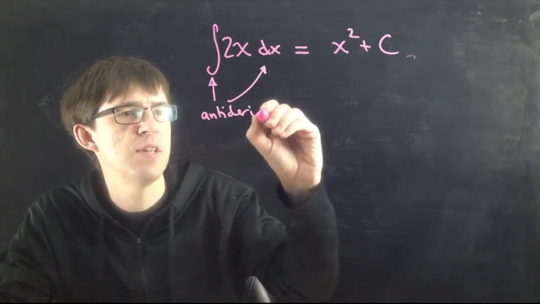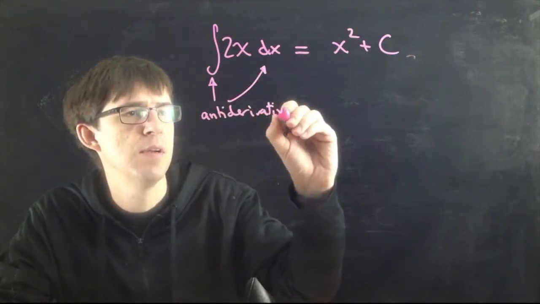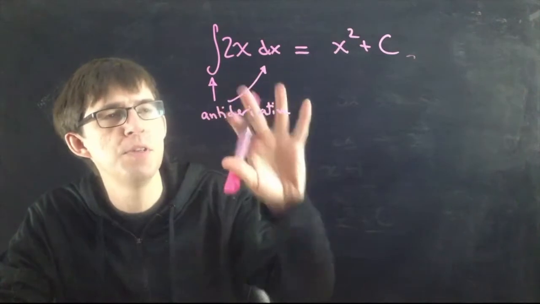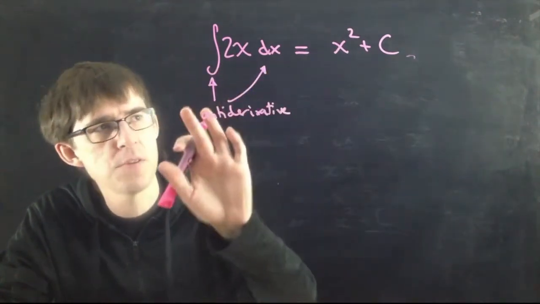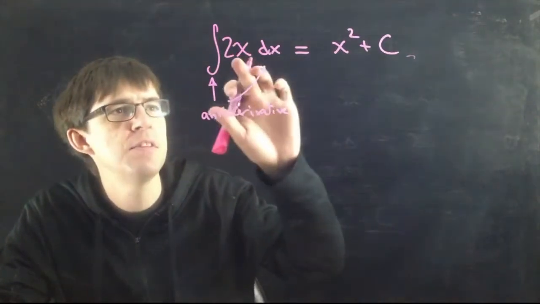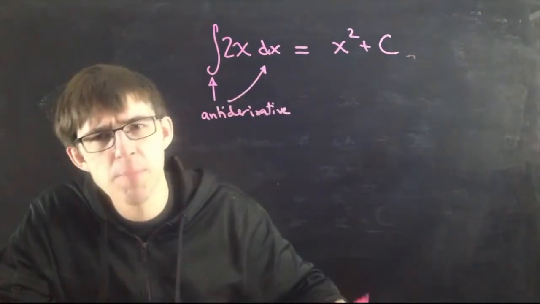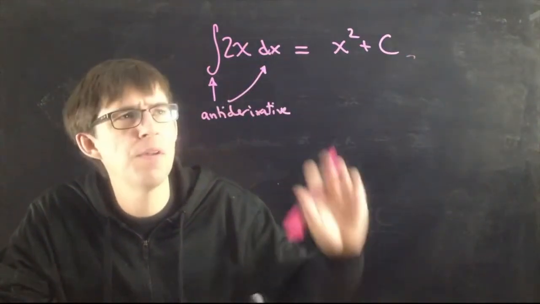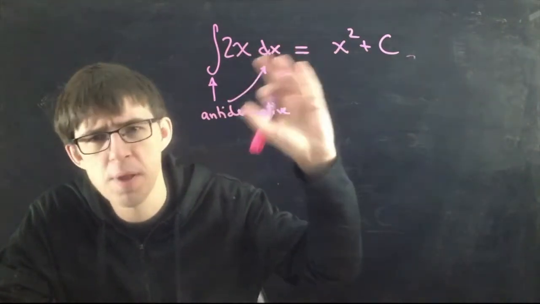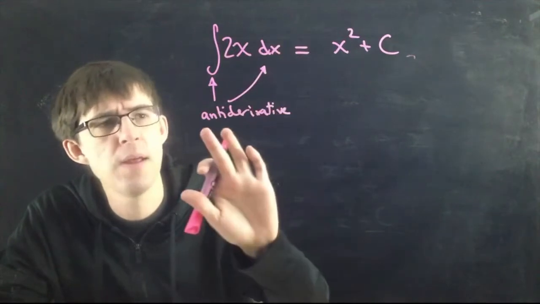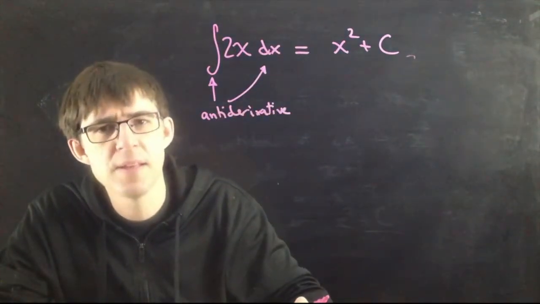It's a little strange that the antiderivative is written sort of in two pieces. You put the function in the middle of these two things, the integral sign and the dx. This is written as if you're multiplying by dx, which is a little weird. This dx is not actually a thing that you are multiplying by anything. It's just part of the way that we indicate what the antiderivative is.